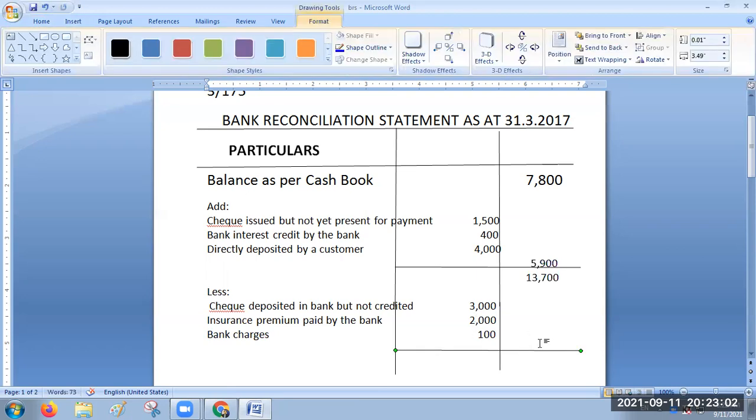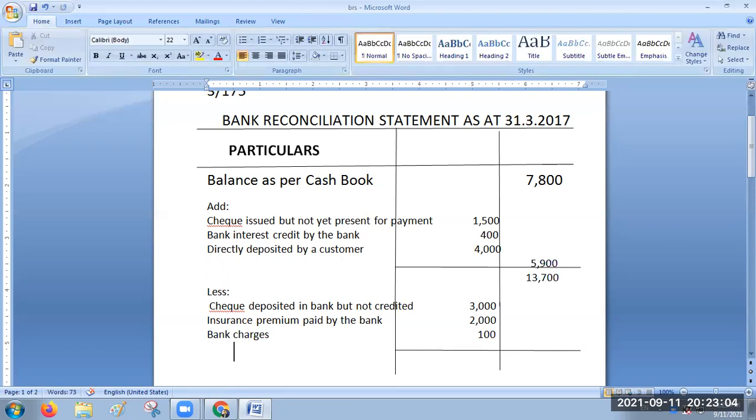This is 5,100 if we add all of them. 5,100. Okay. So if you deduct, what will be the amount? 8,600. You can check.